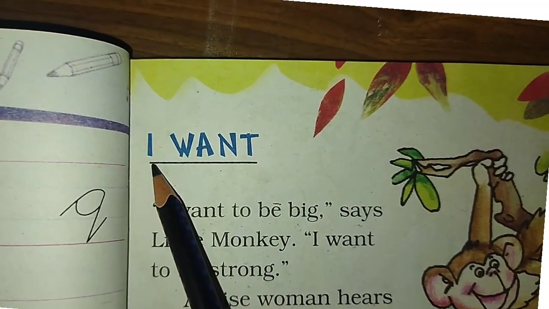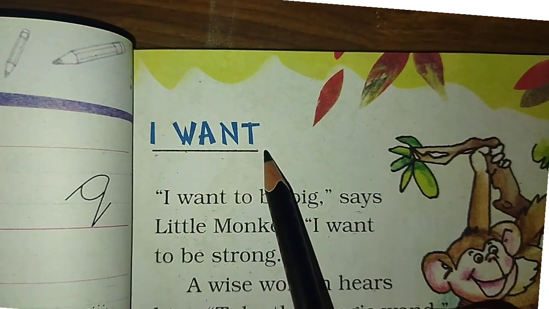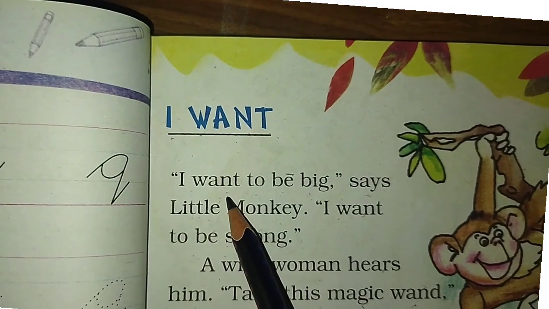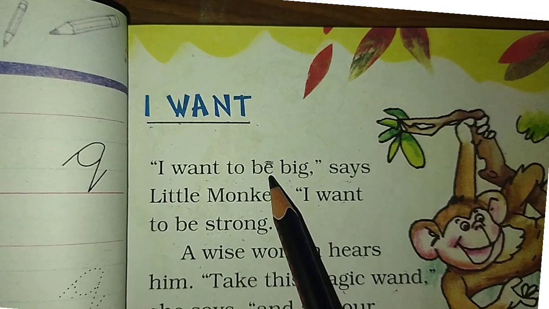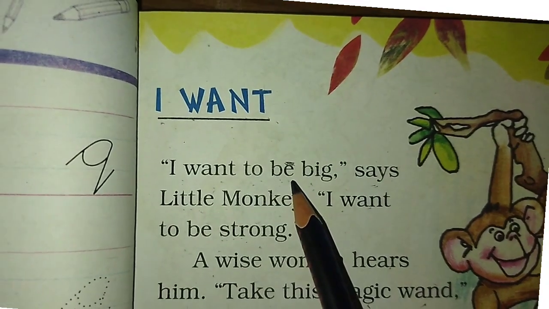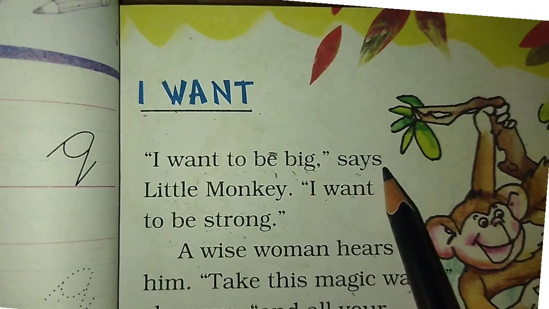I want. I want to. E is in an open syllable place, so it's saying long E. Big.